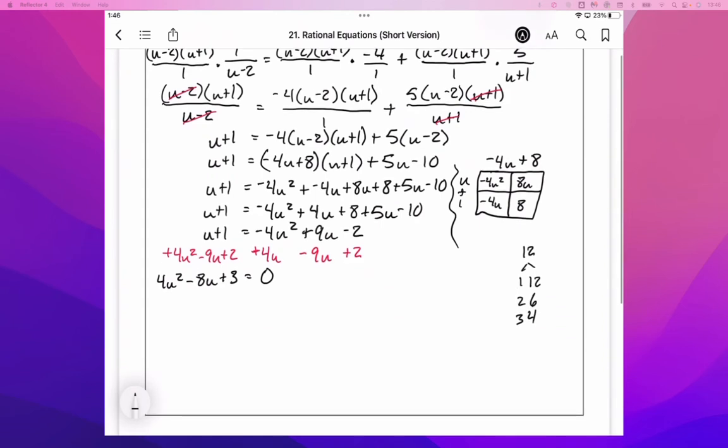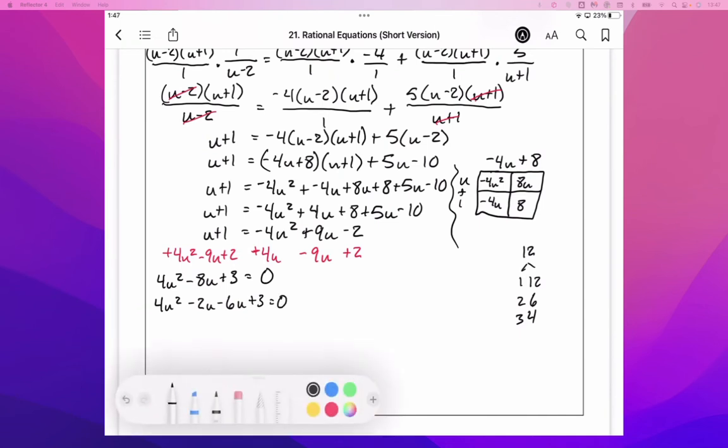We need two factors that will make negative 8u. That would be the 6 and the 2. So 4u squared minus 2u minus 6u plus 3 equals 0. And I put them in that order specifically because I want the 6 to be with the 3. And I want the 2 to be with the 4.